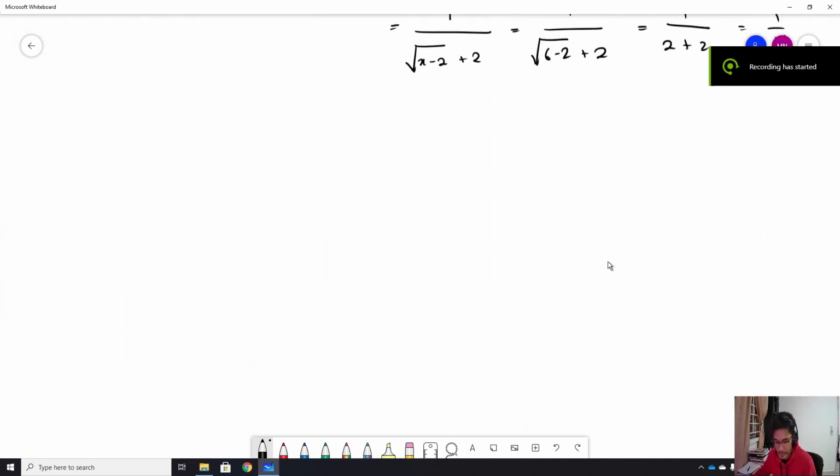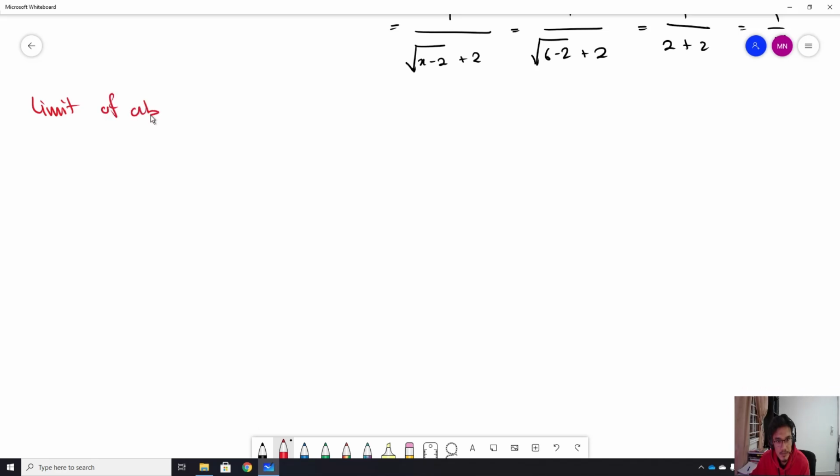Okay, now we go into next section, which is limit of absolute value function. Okay, so let's say we have a limit of x approaching 0 for modulus of x.